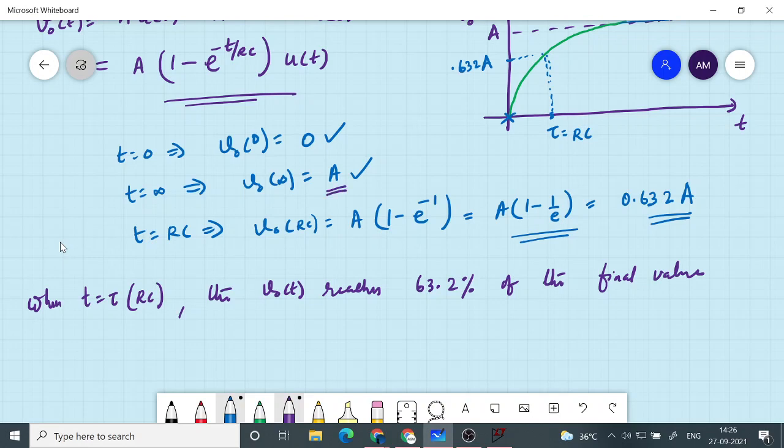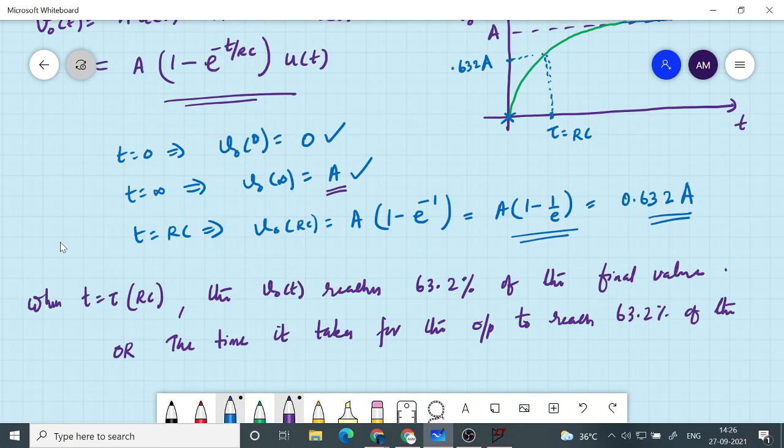Final value is this A. So it reaches 63.2% of the final value, which is basically 0.632 into A. So the time it takes for the output to reach 63.2% of the final value is called the time constant.